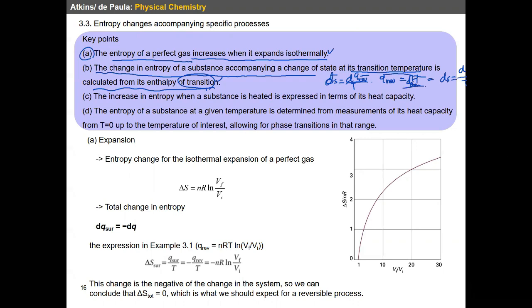And then the third thing is that the increase in entropy when a substance is heated is expressed in terms of heat capacity, right? The Cv and Cp. So we can express the entropy change during heating using the heat capacity.